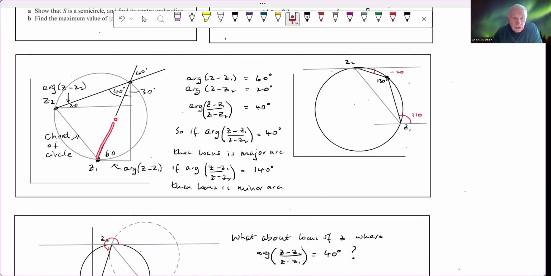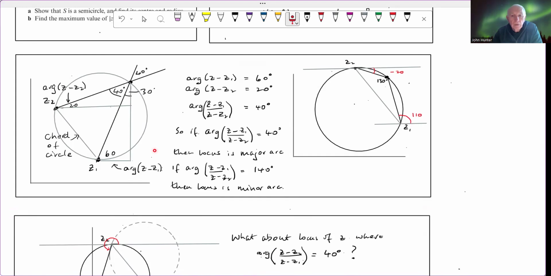That's going to give us this line here, our initial line coming out from there. And then this line is all points that satisfy the argument of Z minus Z2 being equal to 20.